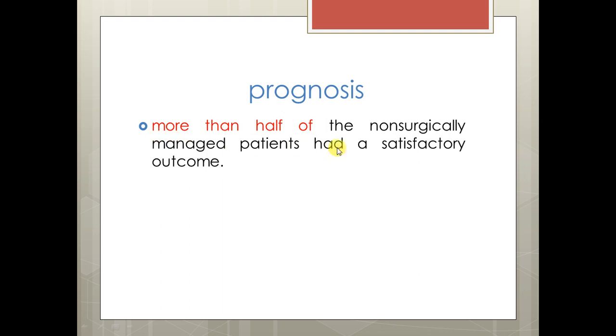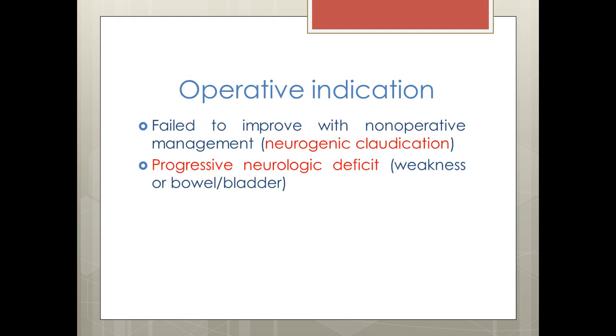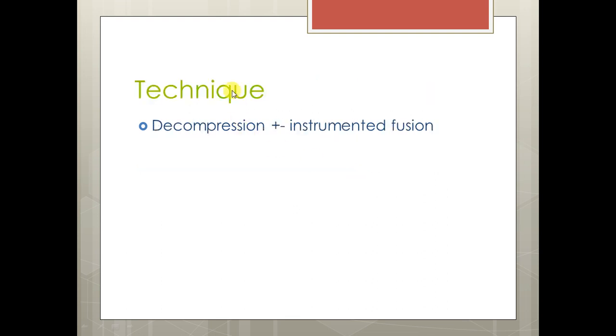Half of the patients do well with non-operative management. Please, again, exhaust all methods of non-operative management. So operative indication will be the reverse. The usual traditional two indications are failed medical treatment and progressive neurological deficit, not a neurological deficit.